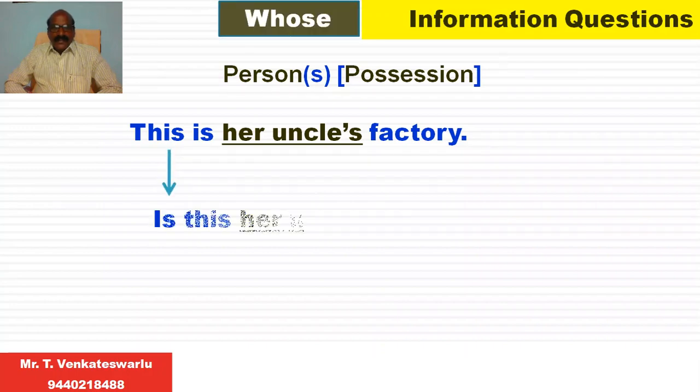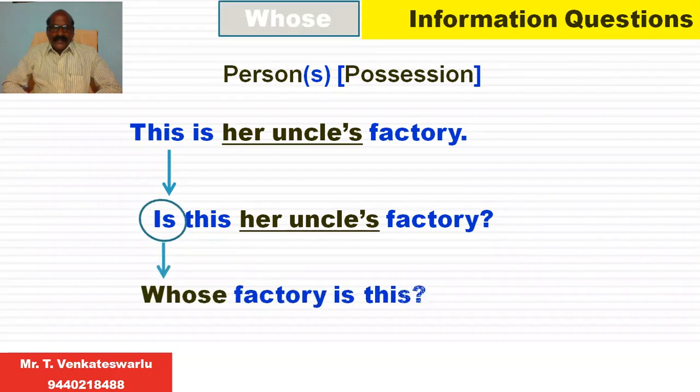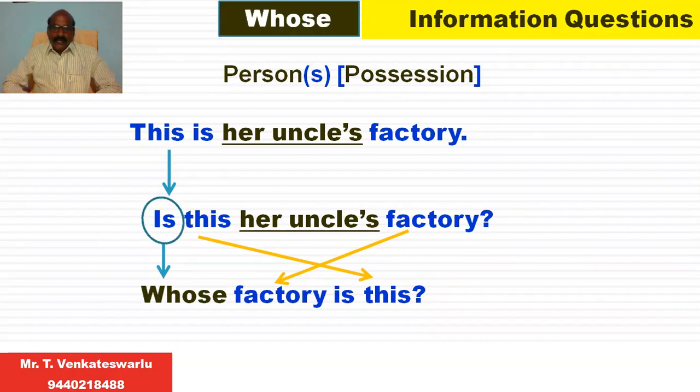Is this her uncle's factory? And her uncle's refers to some possession. So we have to prefix whose at the beginning, and whose is an adjective, so it is always followed by a noun. So whose factory is this is the right question.